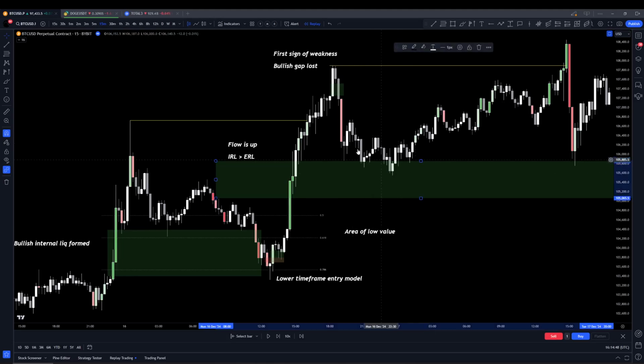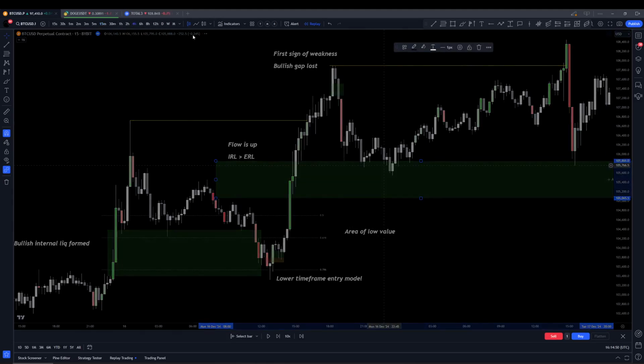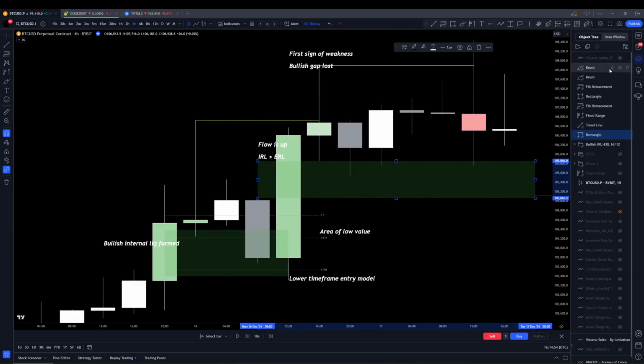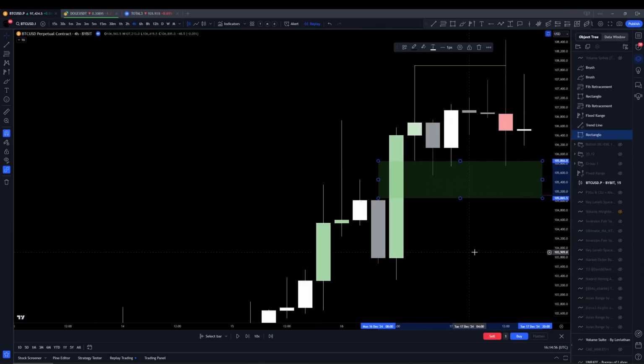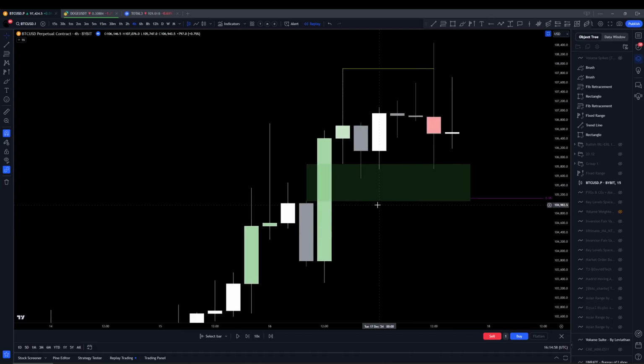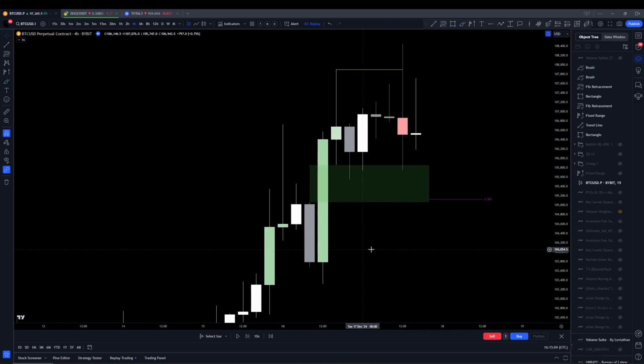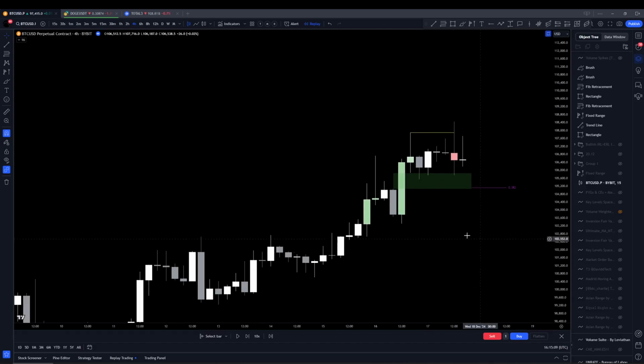This here is a 4-hour gap. Let me just get rid of all this. Here is a 4-hour gap. Okay, so at this point you could easily just trade internal to external. Now it isn't until we actually lose that gap that this larger time frame shifts.